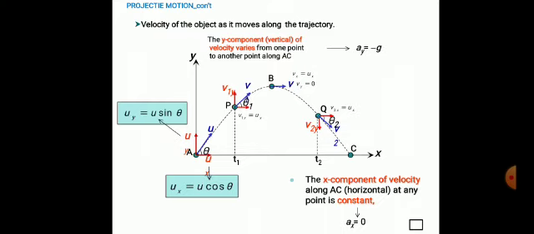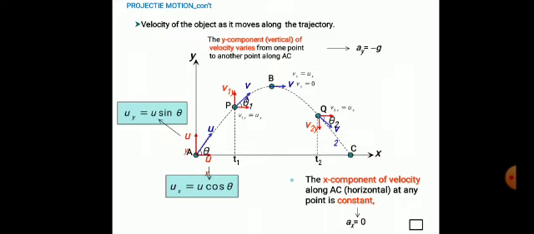And at point B, the x component of velocity is also the same length as ux and v1x. The same goes for point Q, v2x is the same as vx at point B, v1x at point P, and ux at point A. And at the last point C, the same thing happened. The x component of velocity at point C is the same.